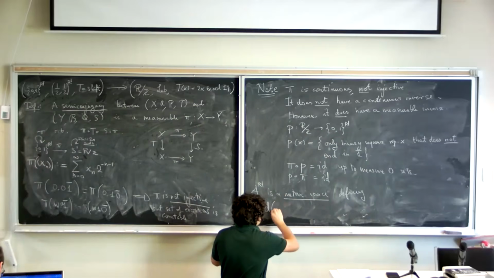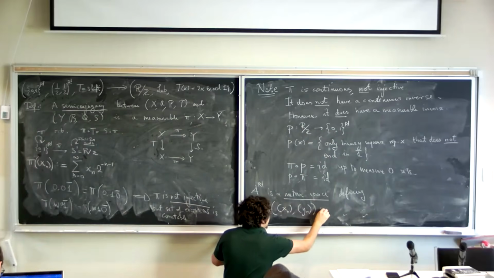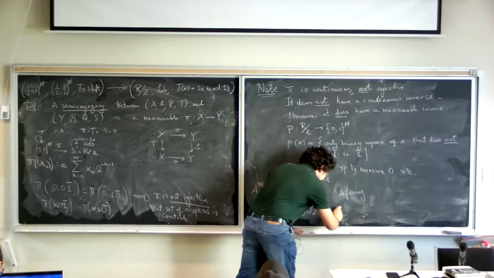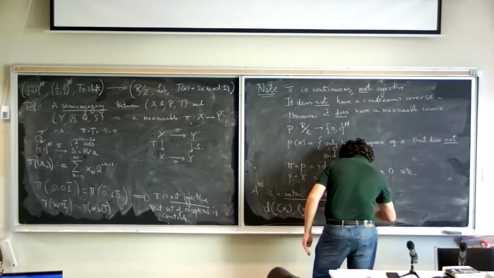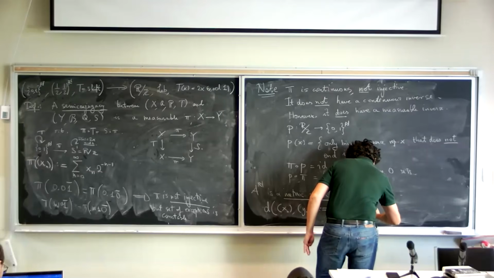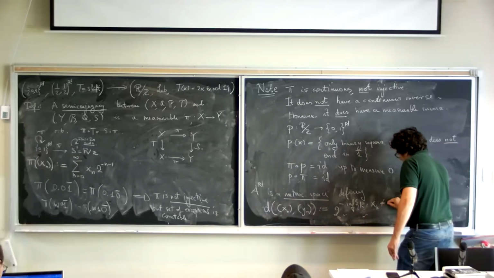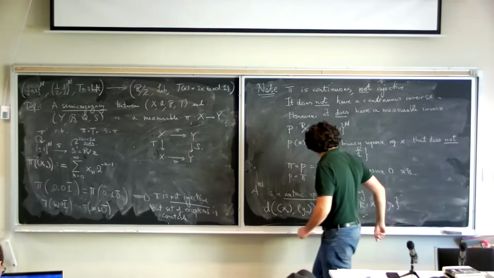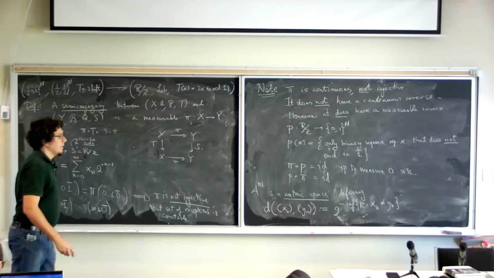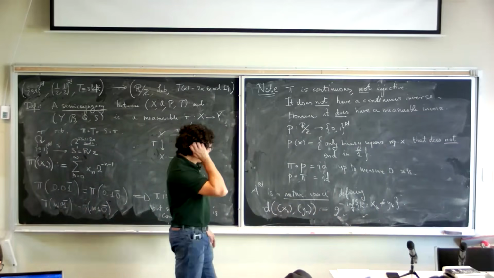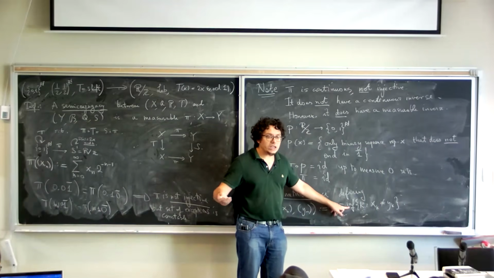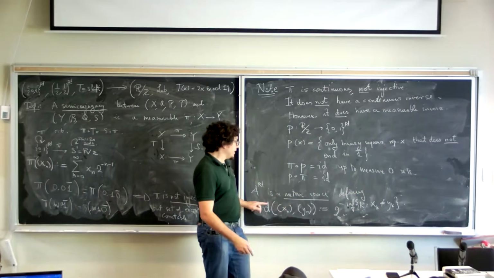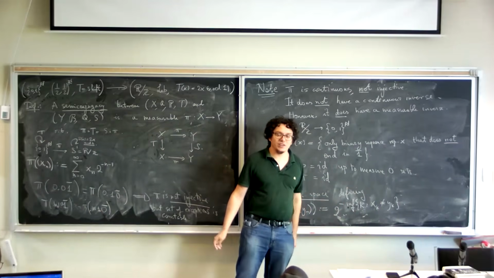So you define D of a sequence x_n and a sequence y_n to be, you can choose some number, let's say 2 is one option, to the minus the infimum of k such that x_k is different from y_k. This could be infinite only if the two sequences are indeed the same, and then you get 2 to the minus infinity, which we define to be 0.